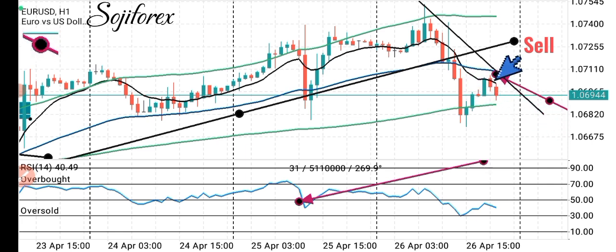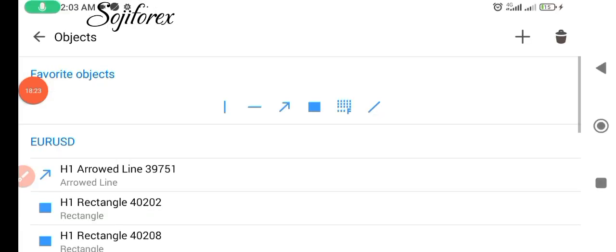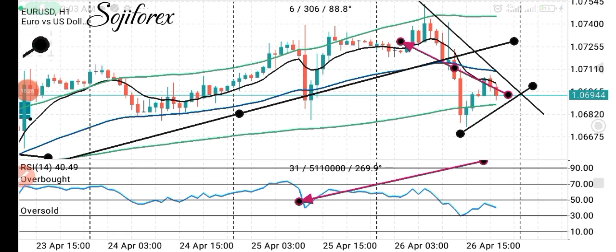Then you find your candlestick pattern within the trend line and the moving average zone at any of these points. And having done that, you can as well back it up with your trend line.